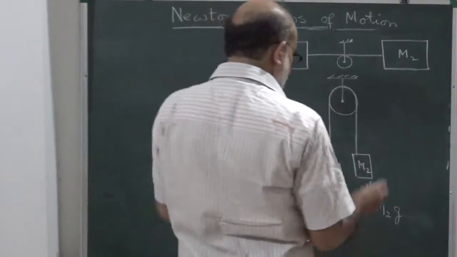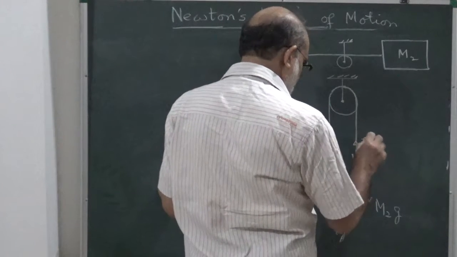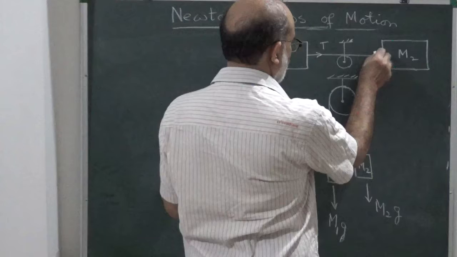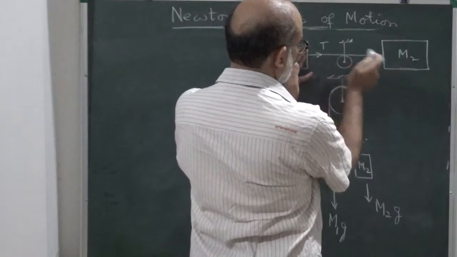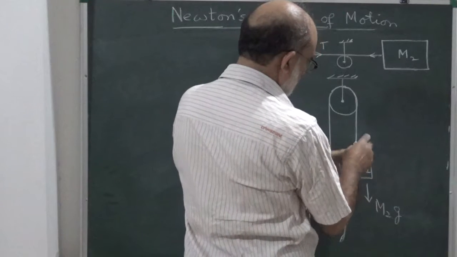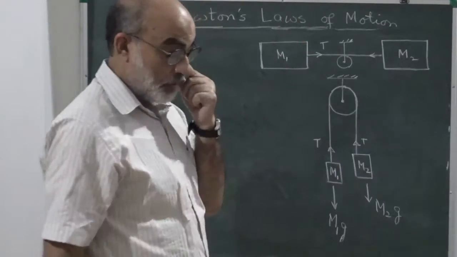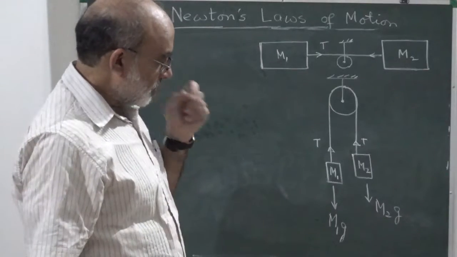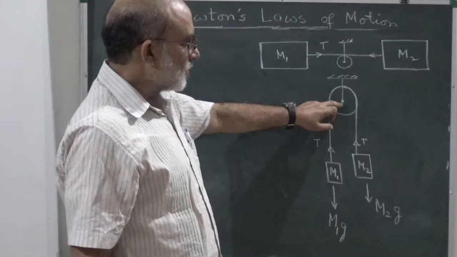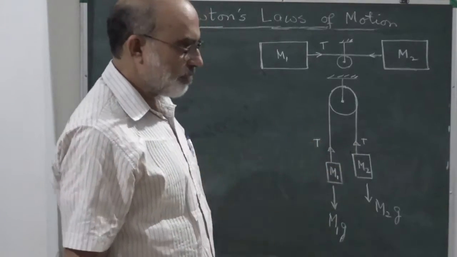So let there be a tension T, because as we have seen, if an external force is applied here, it will be T and T. This is massless, so this is simply the force transfer, so that the same force will act here and here, because the mass of the string is negligibly small, and the ropes and the pulley are smooth. So the tension here in both the cases will be the same.